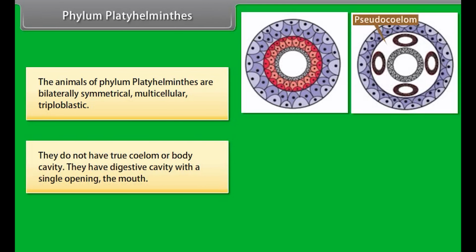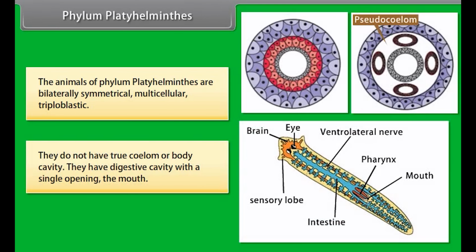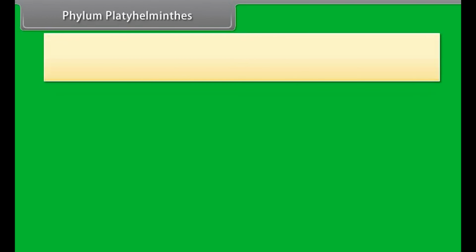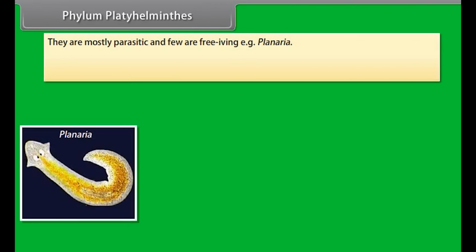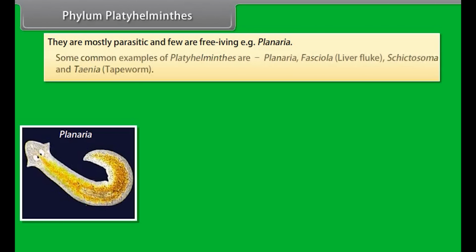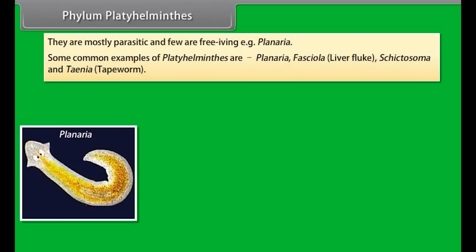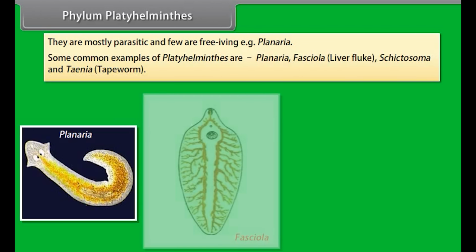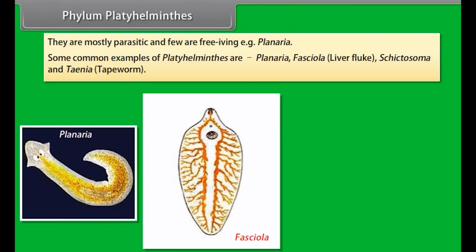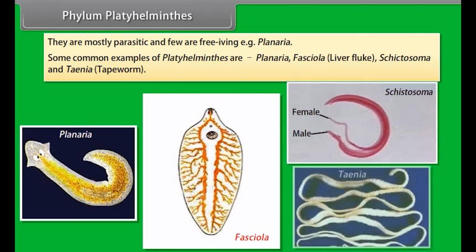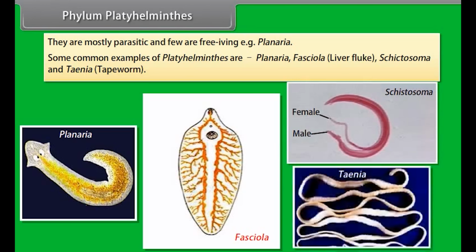They do not have true coelom or body cavity. They have digestive cavity with a single opening, the mouth. They are mostly parasitic and few are free-living, example, Planaria. Some common examples of Platyhelminthes are Planaria, Fasciola, liver fluke, Schistosoma, and Taenia, tapeworm.